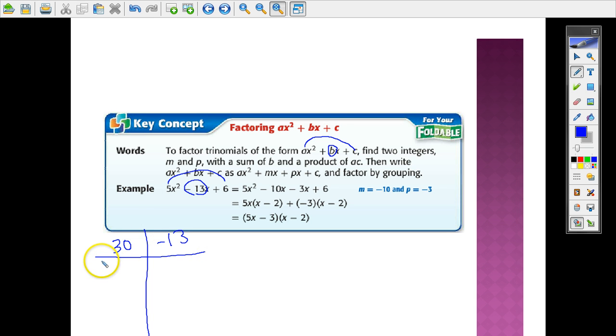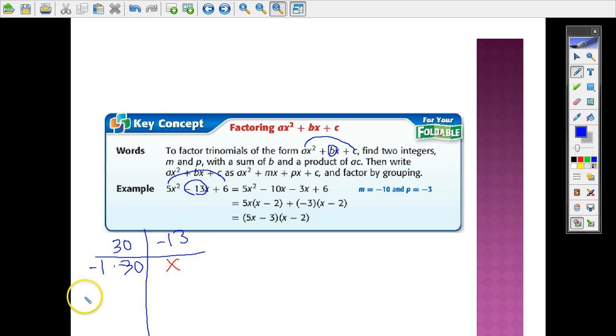Okay, so you have 1 times 30, but it's a negative, so one of these has to be a negative number. I mean, okay, so both of them have to be negative numbers. So negative 1 times negative 30 equals 30. And I don't even have to add because I know it's not going to equal negative 13. So that's not it.